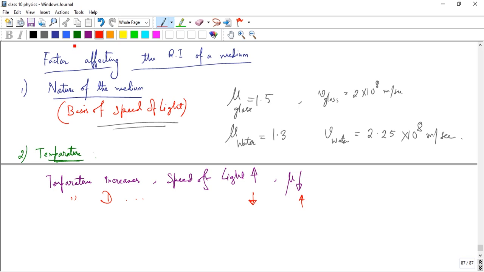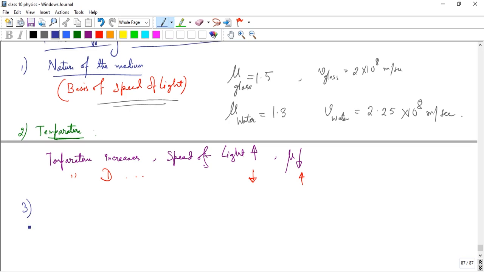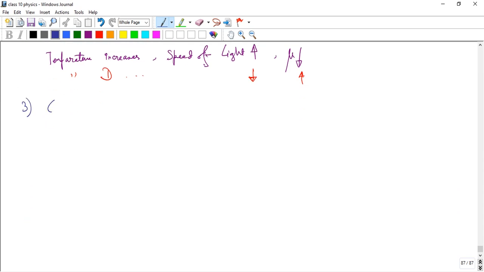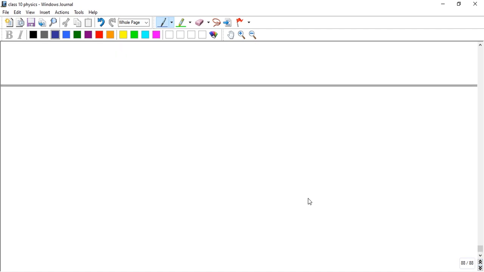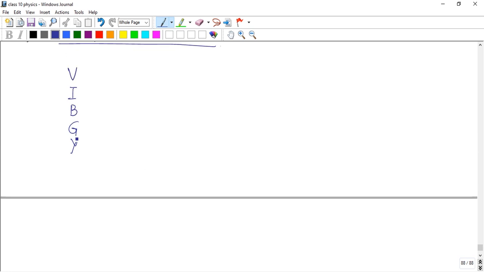Another factor is the color or wavelength of light. You know VIBGYOR.